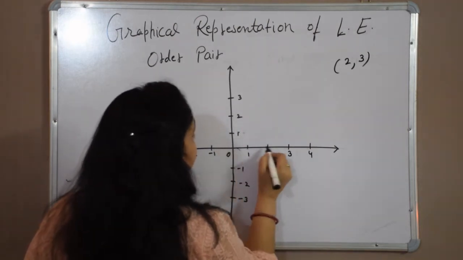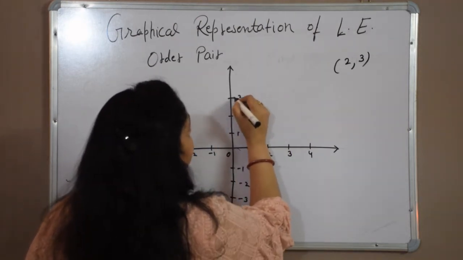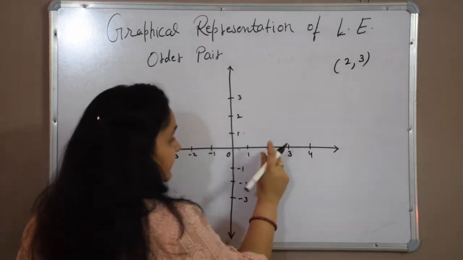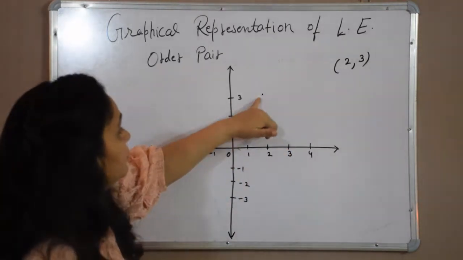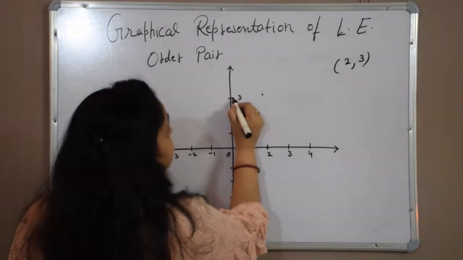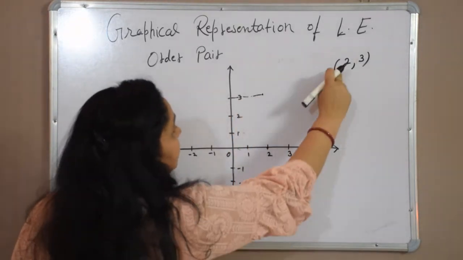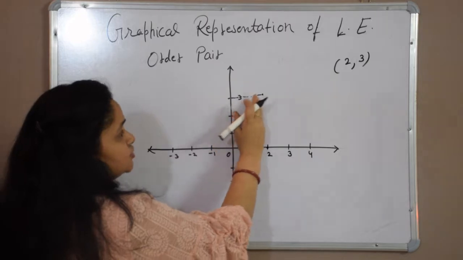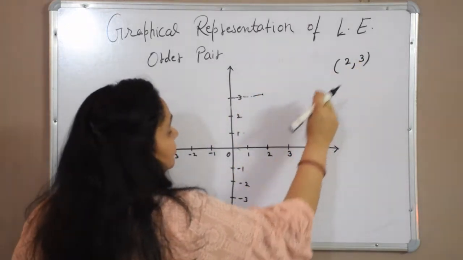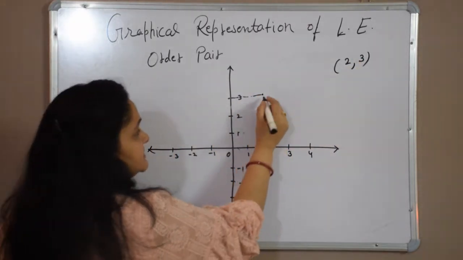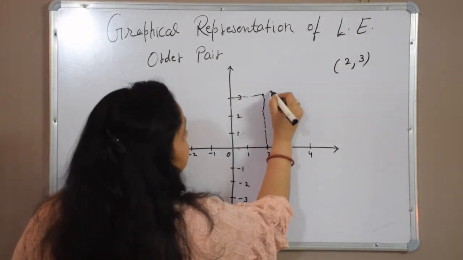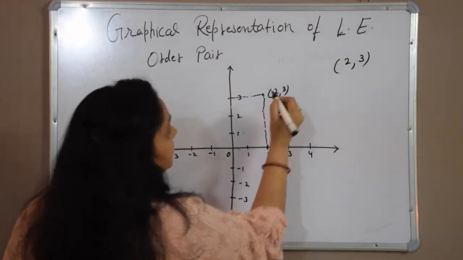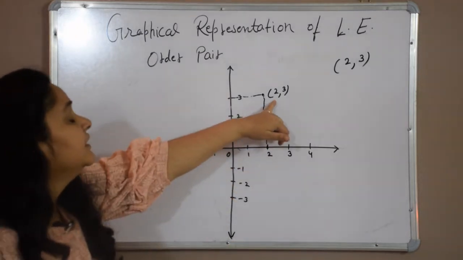From here I am taking 2, and then in front of 2 and in front of 3, like this you can consider. You take the perpendicular distance of 2 from the y-axis, and you take 3 as the perpendicular distance from the x-axis. So this is our point (2, 3). This is the location of the point (2, 3).